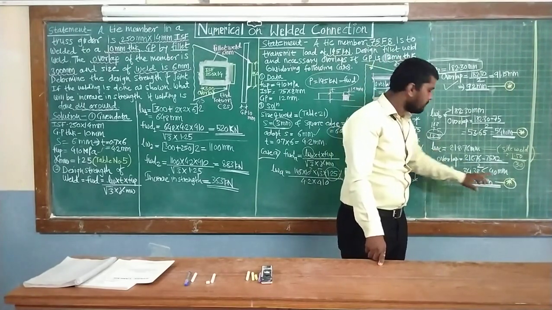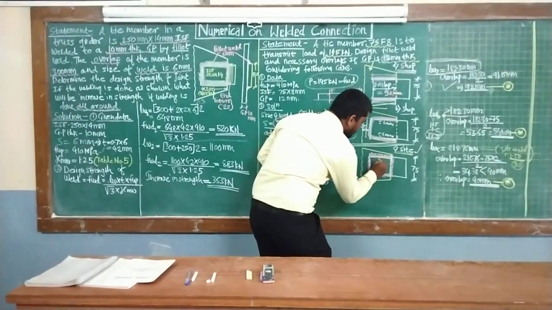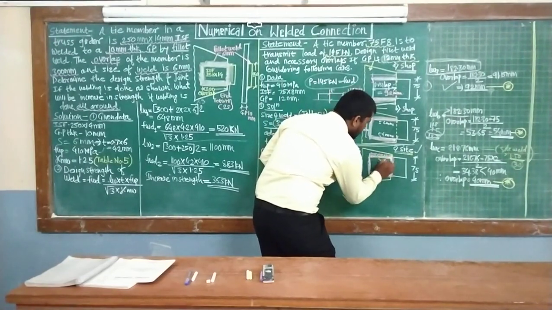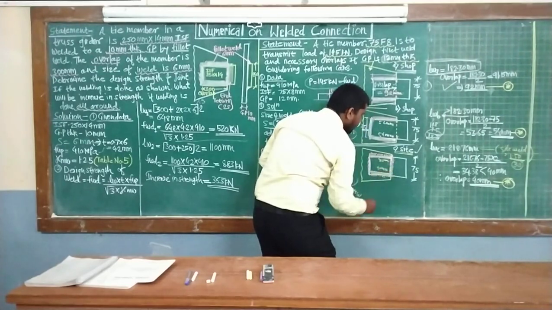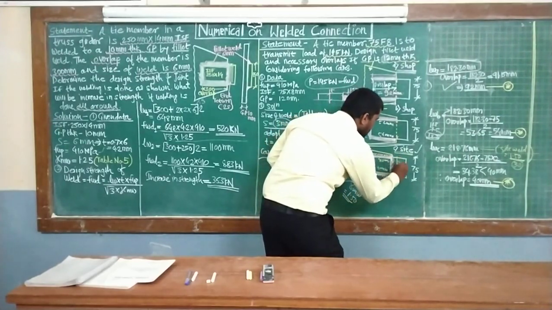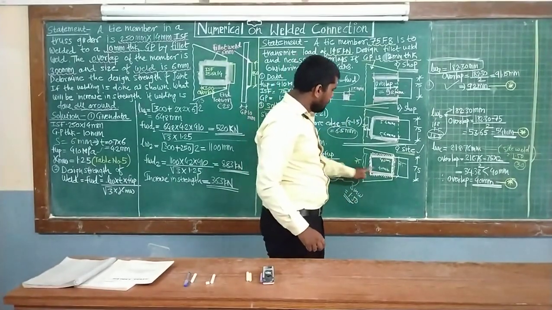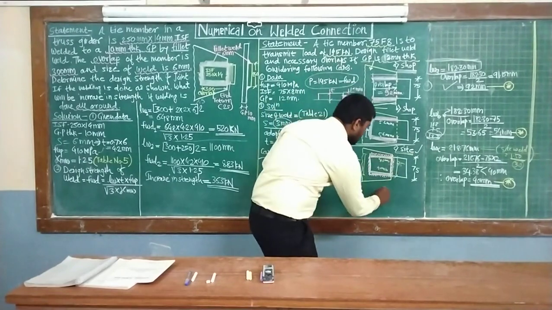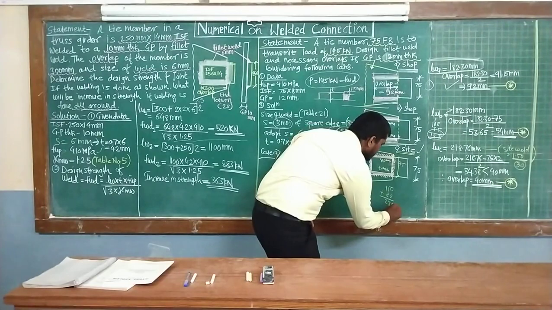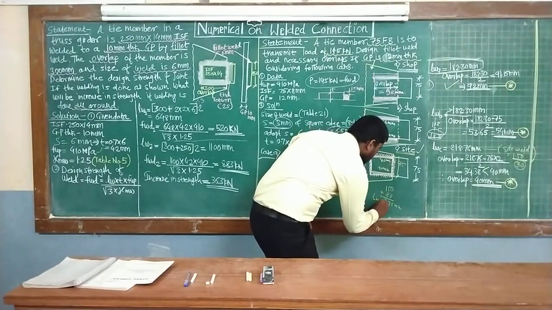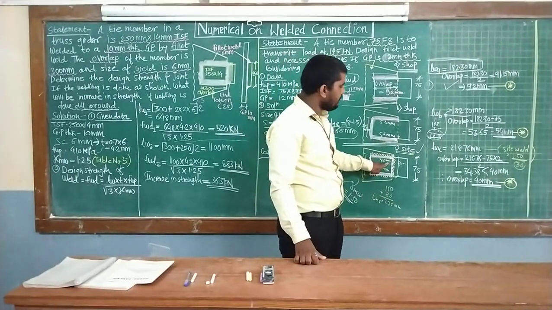So overlap 40 mm. This is the 40 mm length of weld, this also 40 mm, and the remaining stays as it is, 75. 75 plus 75 means 150, plus 80, that is 230 mm is the length of the weld for this C condition or C case.